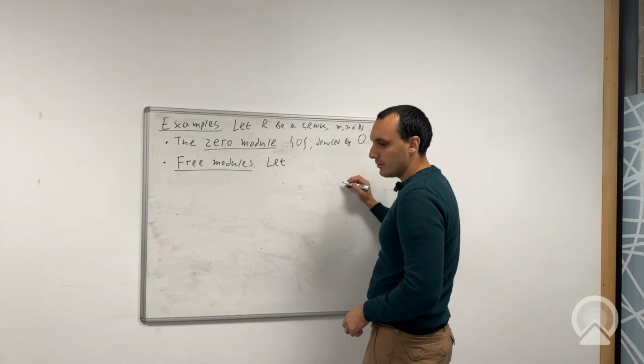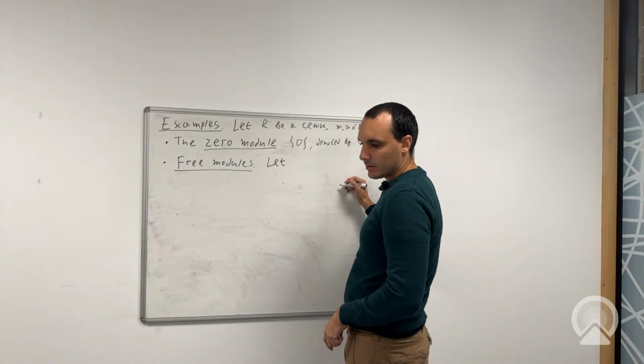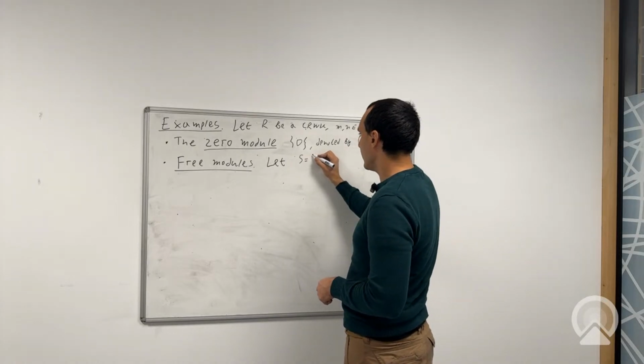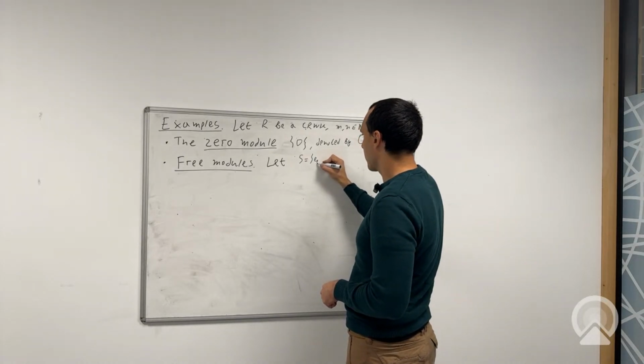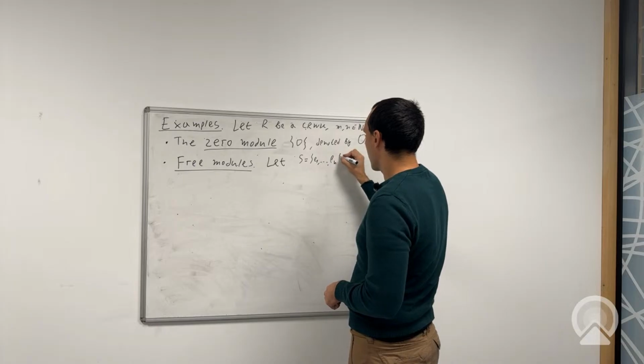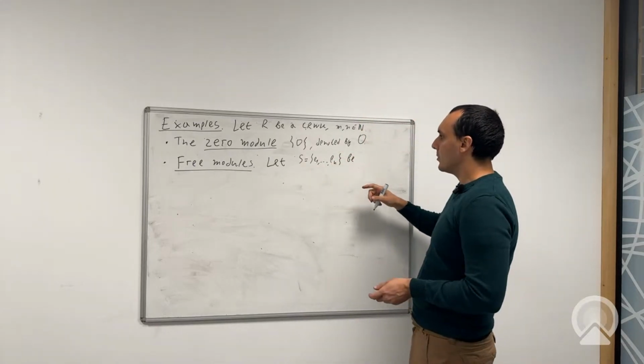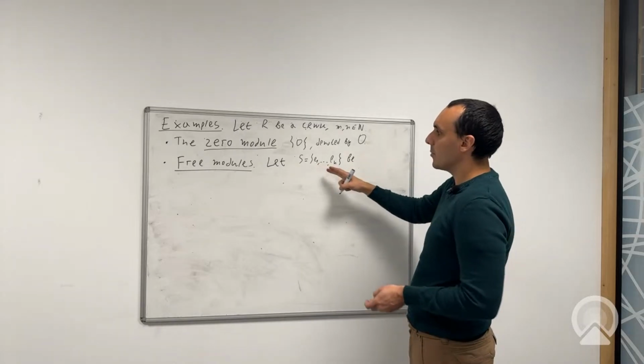It can be defined for an infinite set, but I will define it first for a finite set. These are some arbitrary elements. They can be anything. They can be apples and oranges.